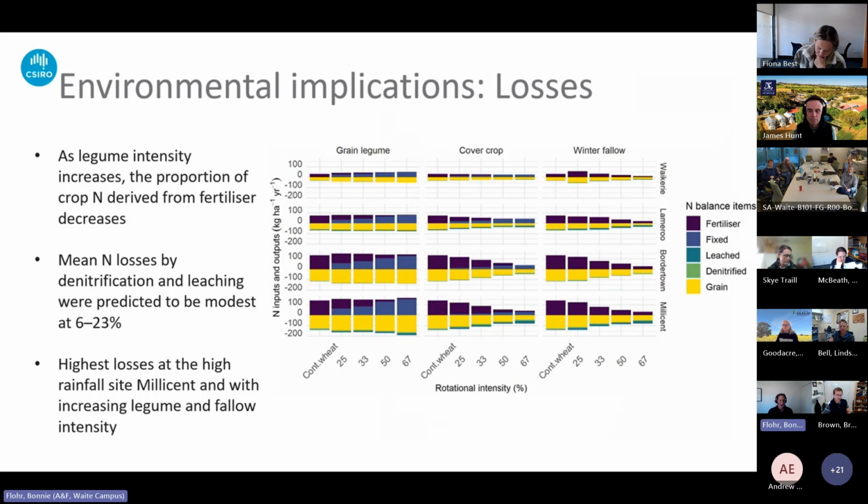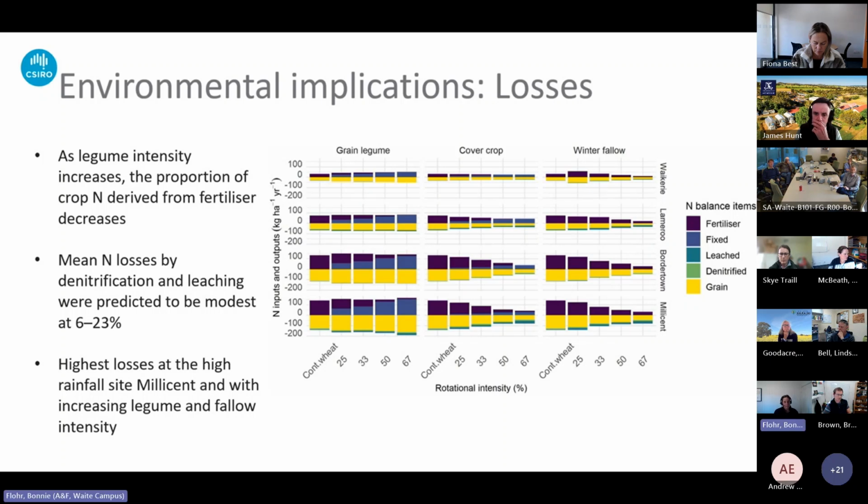So to look at the environmental implications of the different strategies, this figure is showing the different inputs and outputs of nitrogen across the different scenarios and different intensities. So the main trend from this figure is that as legume intensity increases, the proportion of N derived from fertiliser decreases.